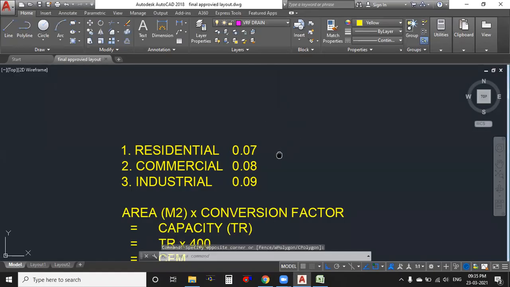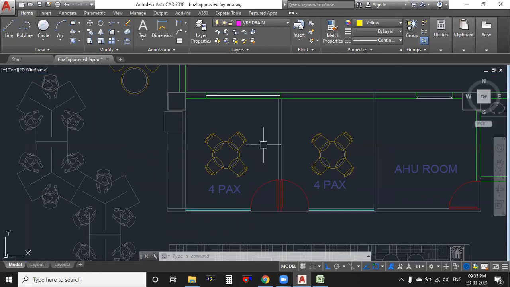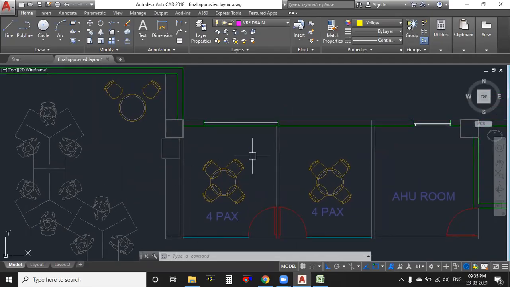So, calculation of TR, whatever the building is, area in square meter. M2 means square meters. How do we calculate area? This is my one room, a four-pack. In the four-pack, I have room length as well as width. If I multiply length and width, I get area. If I multiply length, width as well as height, I get volume.